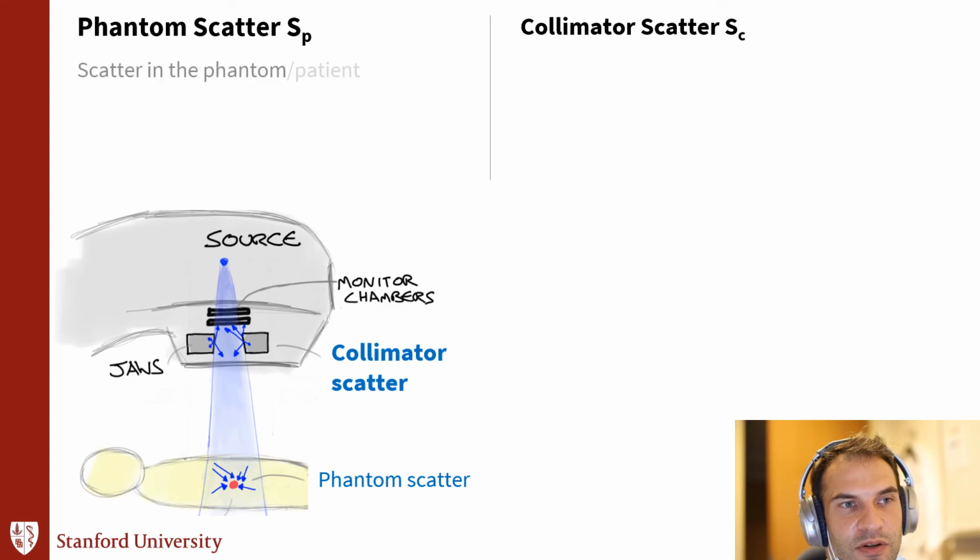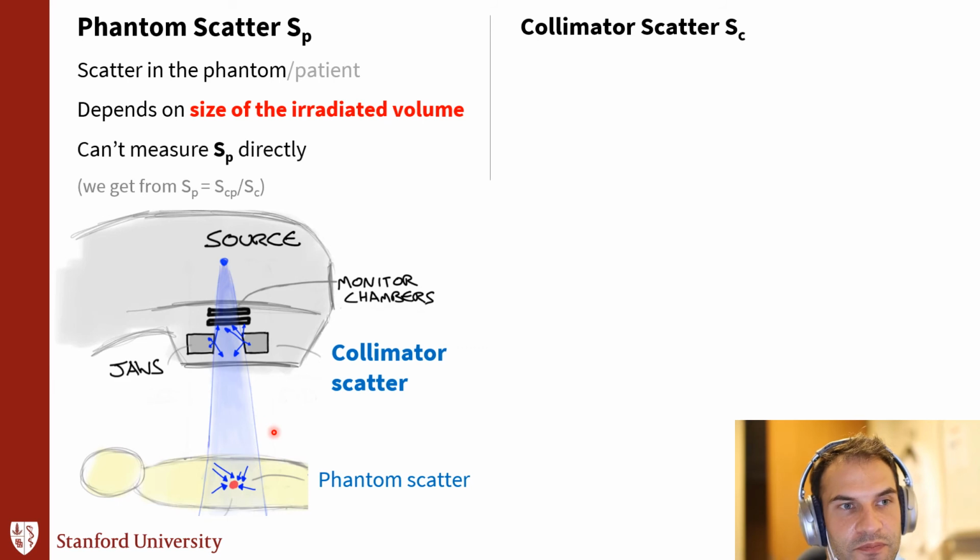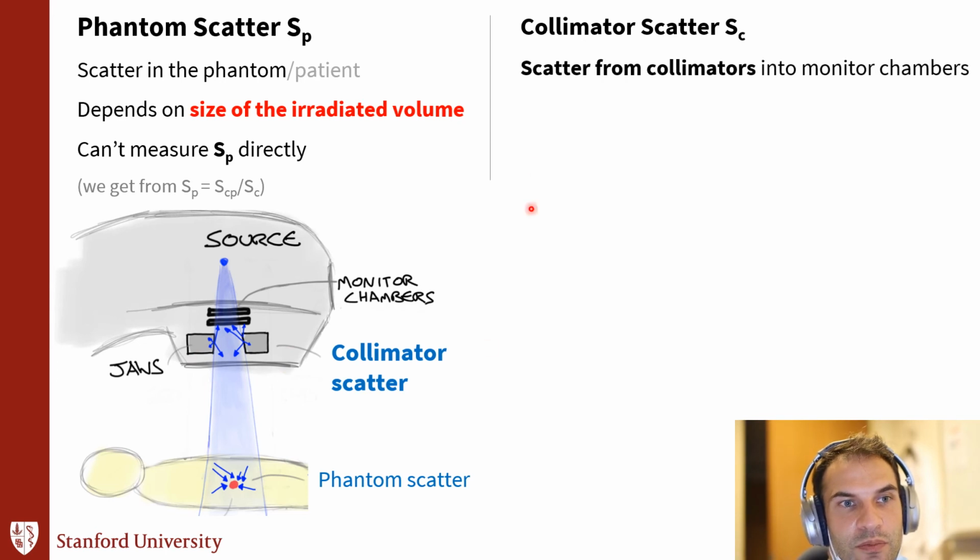A few key points. Phantom scatter is scatter in the patient. It depends on the size of the irradiated volume at the patient. We cannot measure phantom scatter on its own because we always have a collimator. Collimator scatter, however, is scatter from the collimators, and most of it is from the collimators into the monitor chamber.